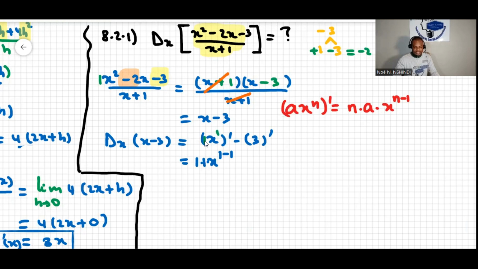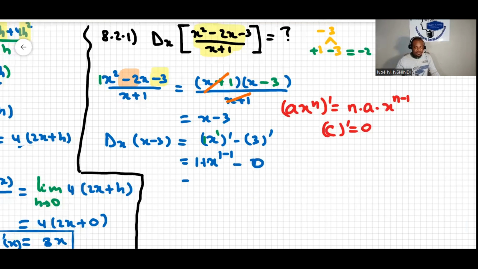The coefficient of x is 1, and then x to the power of n minus 1, so 1 minus 1, and then the derivative of any constant is just equal to 0. So in this case, the derivative of 3 is just equal to 0.